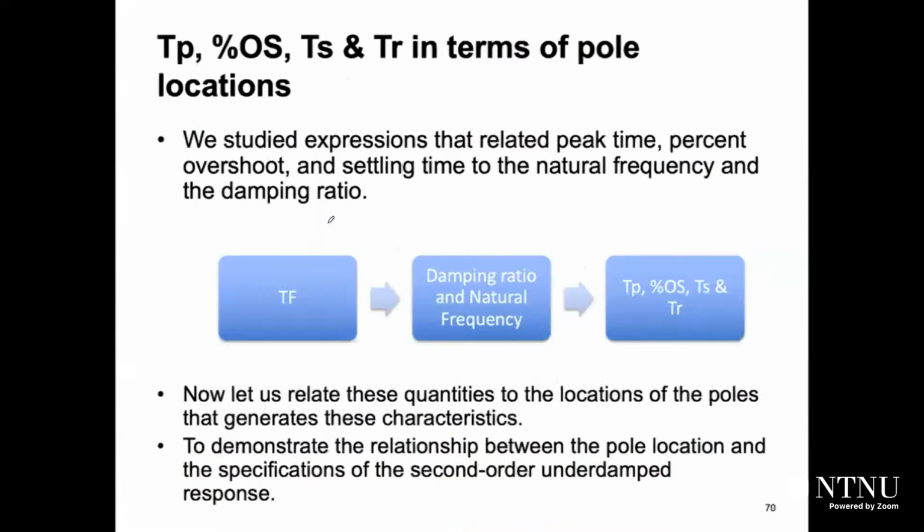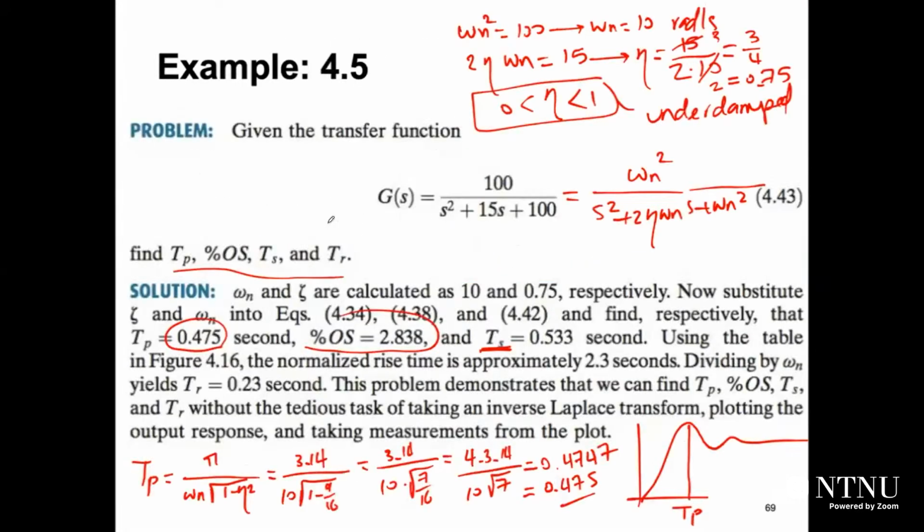What is the example? Yes, this is the example. We need to get settling time. So settling time will be 4 divided by zeta multiplied by omega n. Zeta is 3 divided by 4, omega n is 10. I will do it in my calculator.